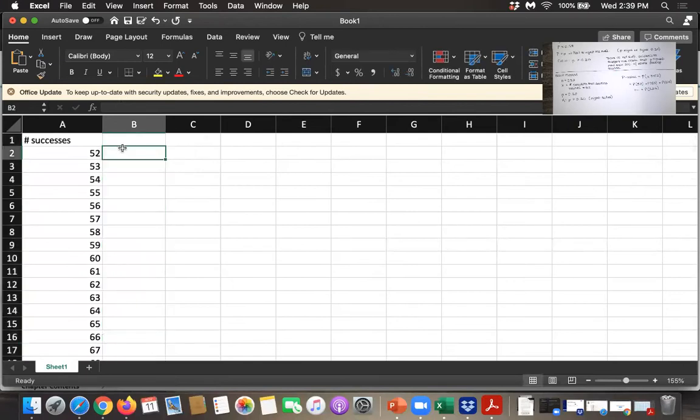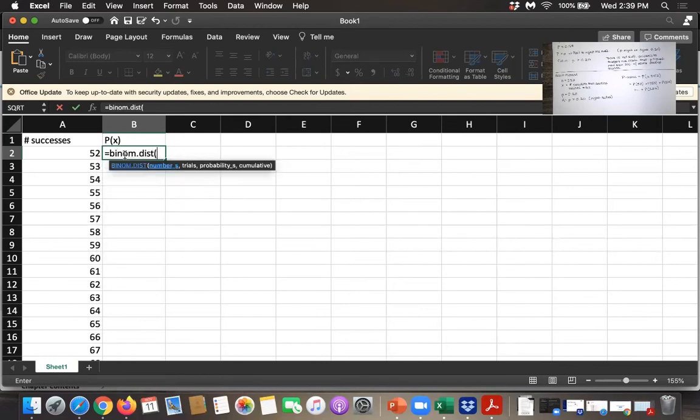And then in the second column, I want the probability of X successes in 233 trials. So these are the probability of exactly X successes, so I need a binomial distribution. I type equals BINOM.DIST, open parentheses.